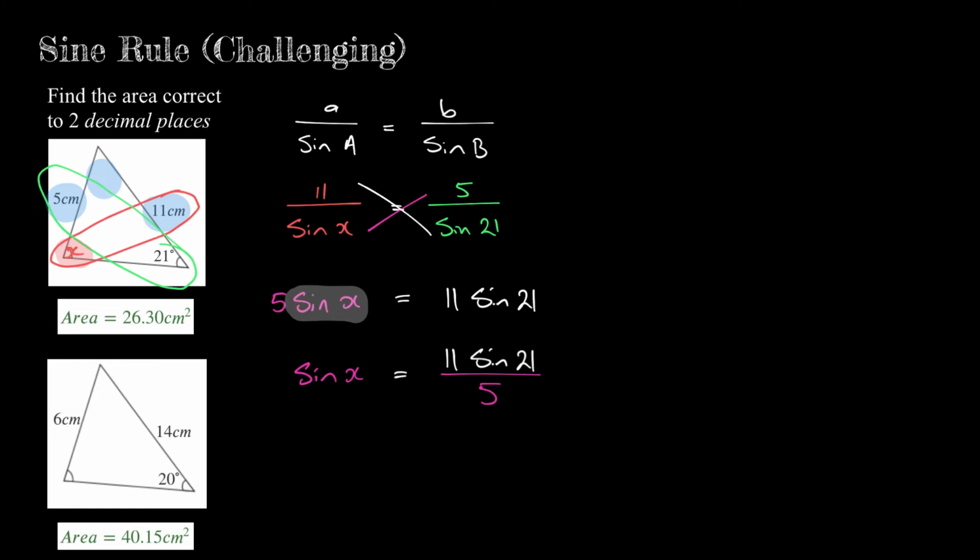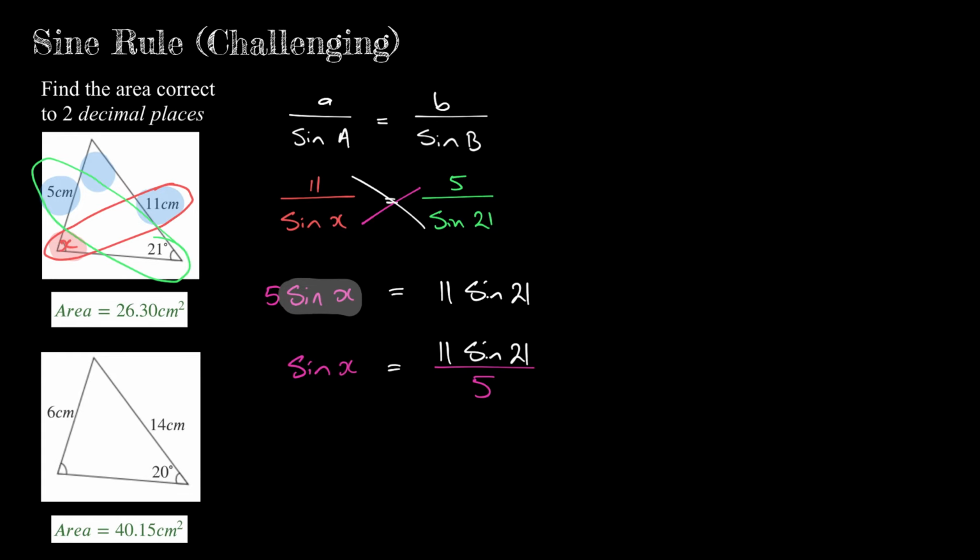The last step is to get x by itself. So I need x is equal to. I need to have a look here and see. If I want x by itself, you can see there that I've got sine of x, but I don't want sine of x, I just want x.